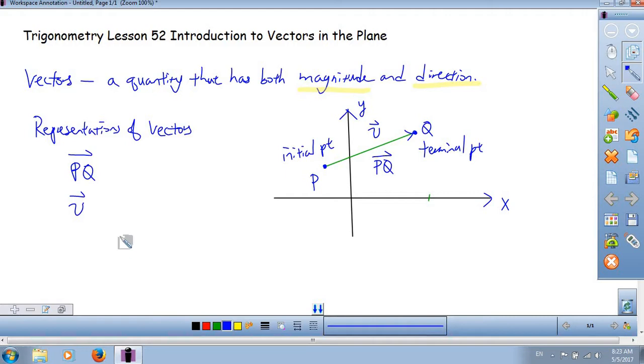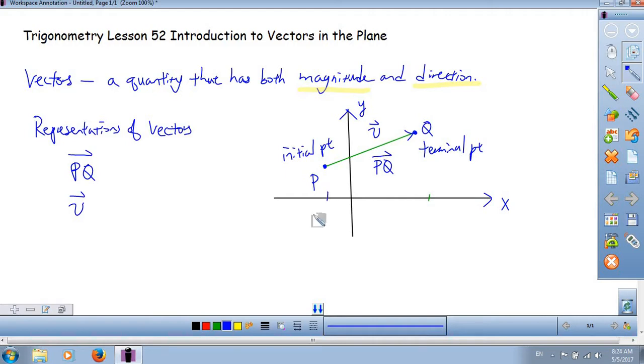Now there's another way to represent PQ algebraically, using the difference between the ordered pairs. You will use a component form to represent PQ.